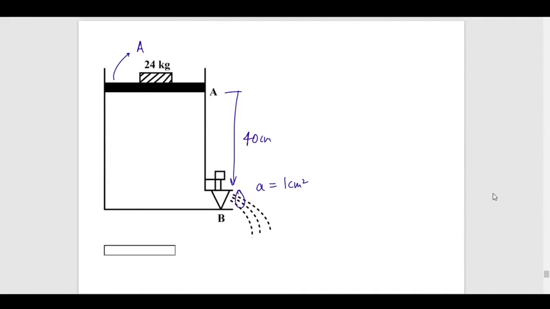The idea is very simple. We will apply Bernoulli's theorem between 2 points. Let us consider point P and point Q. Point P is just inside the opening and point Q is just outside the opening. So just inside the opening, we will have the pressure as atmospheric pressure plus mg divided by capital A plus rho gh. The value of h is 40 centimeters.